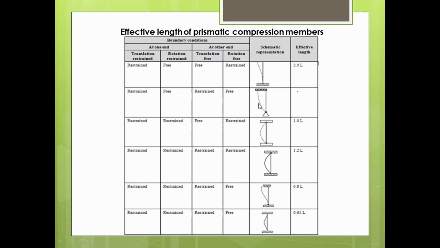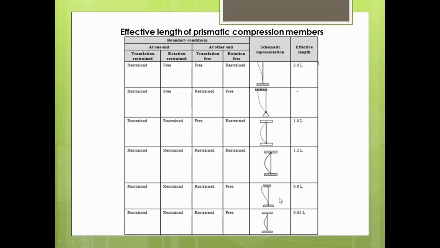So when this situation is there, take the original length as the effective length, L is equal to L. Then third condition, both ends are restrained, but the rotation is free. Then the original length is taken as it is.